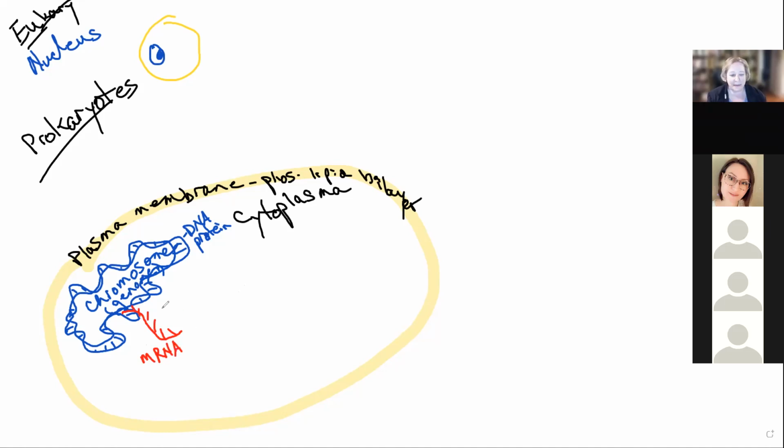Isn't it the RNA that the DNA codes onto? Yes, yes. So it is a copy of a gene from the chromosome. Genome is not showing up real well here, so let's do this in black. So the mRNA is a copy.